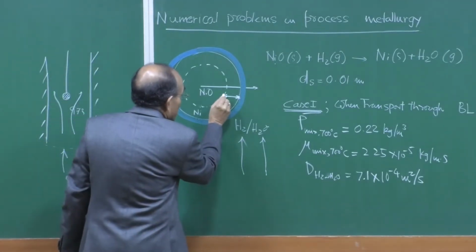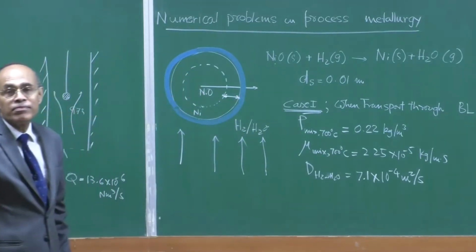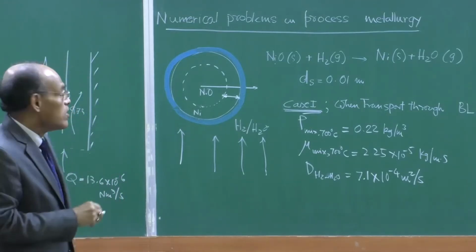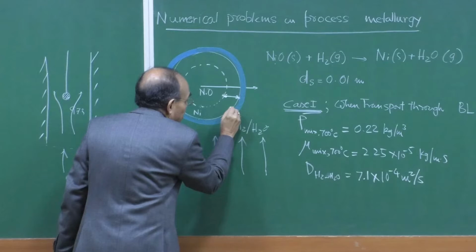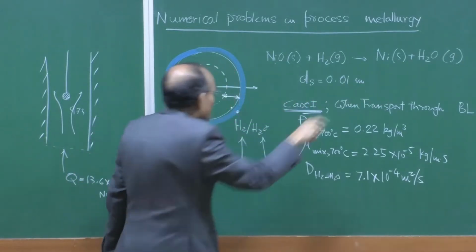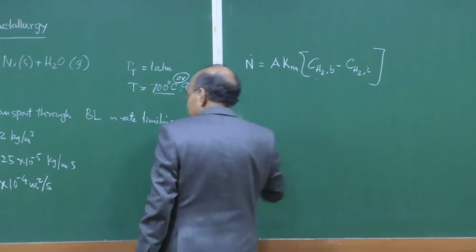Therefore, this concentration can be assumed to prevail right up to the boundary layer and solid interface, and it is this concentration that drives the concentration difference across the boundary layer.